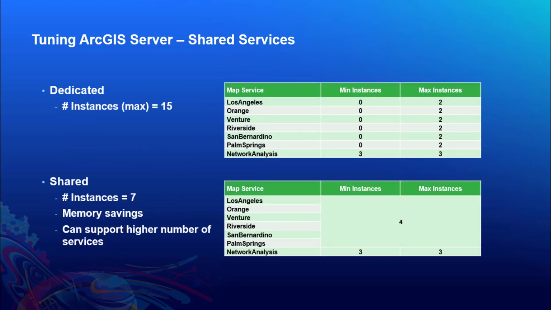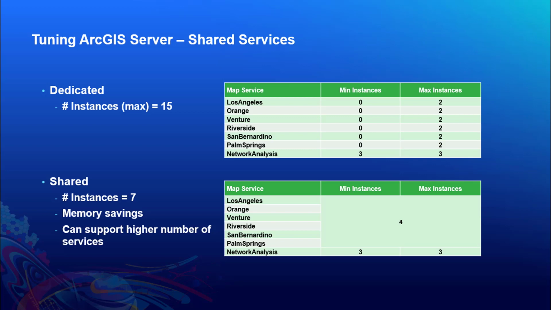So another example is comparing how shared services look with respect to a dedicated service. In our top table here, we have a system running several services with a minimum of 0 and a max of 2. And if all of these services were running, we'd have 15 instances on the system consuming memory.